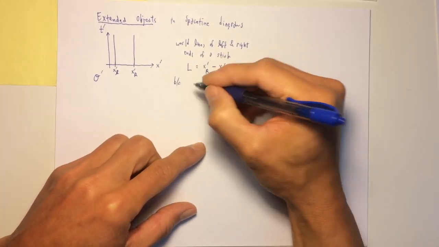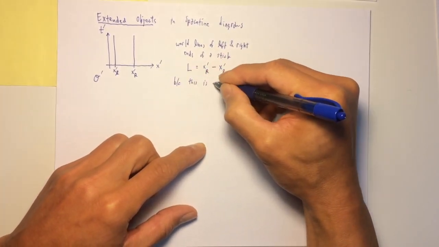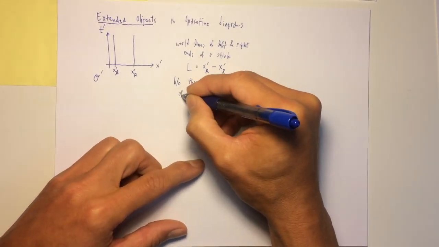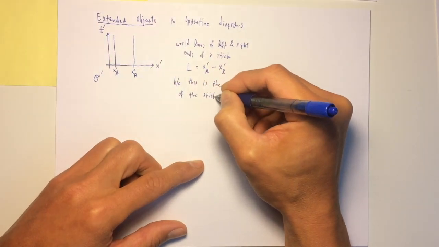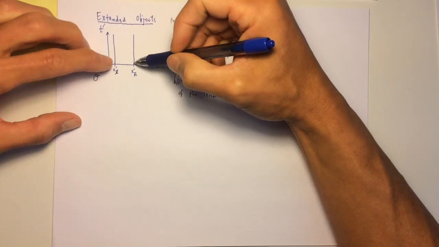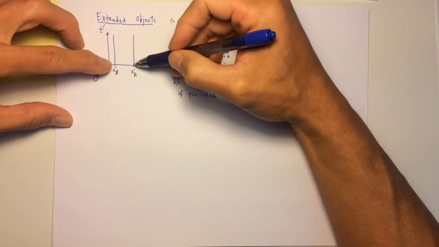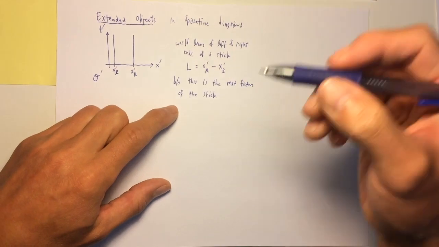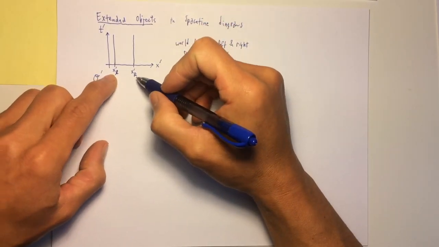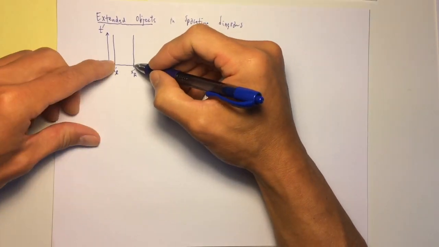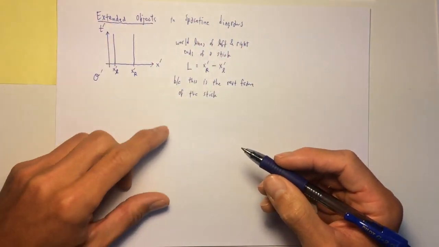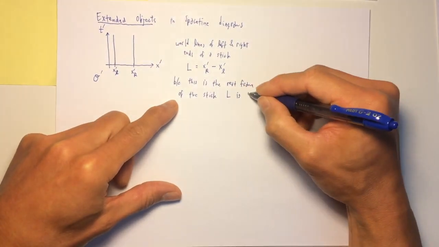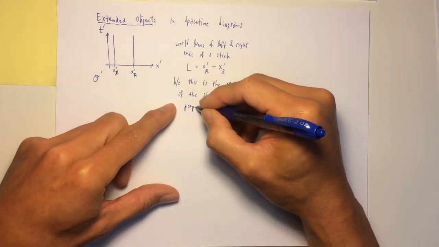And because this is the rest frame of the stick, we know it's the rest frame because the left end and the right end are not translating as time goes into the future, right? The left and the right ends have constant values of x for all the values of t. So because this is the rest frame of the stick, L is the proper length.